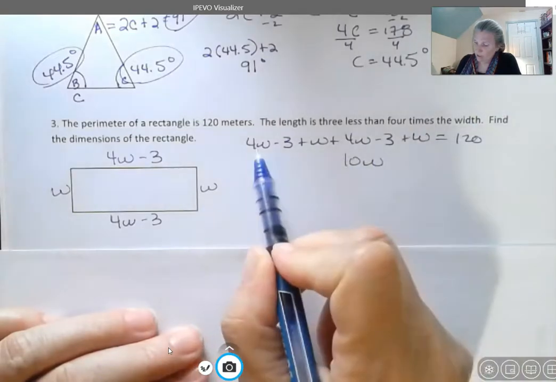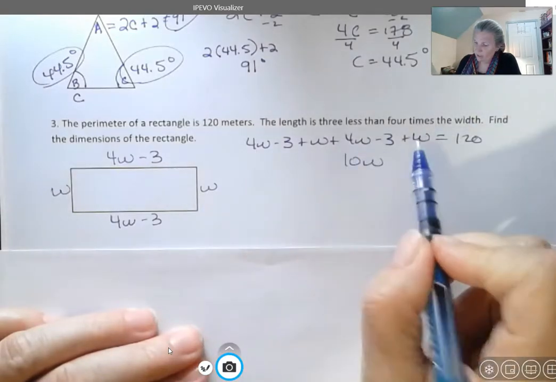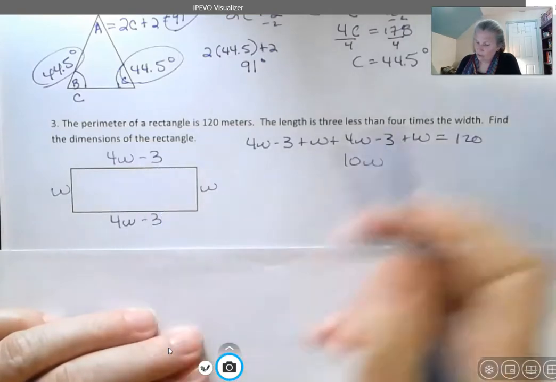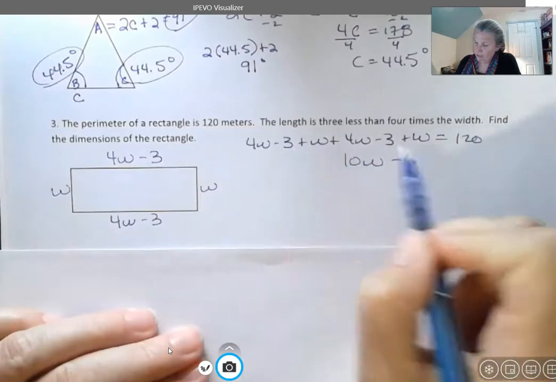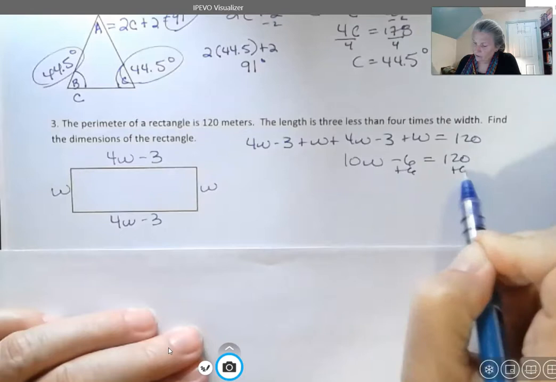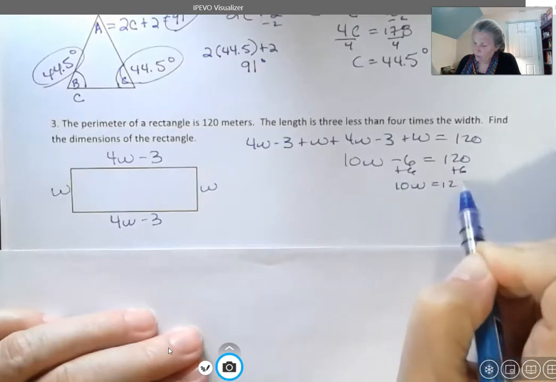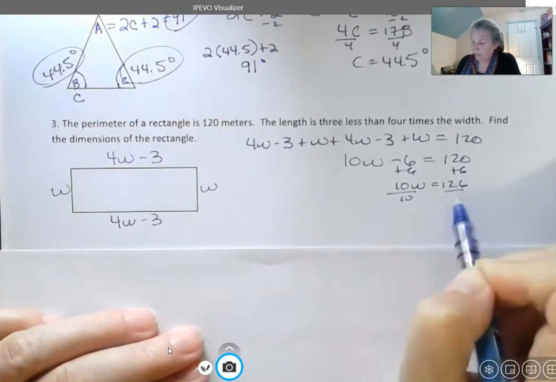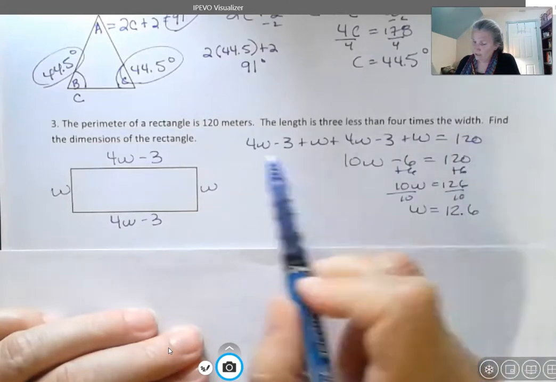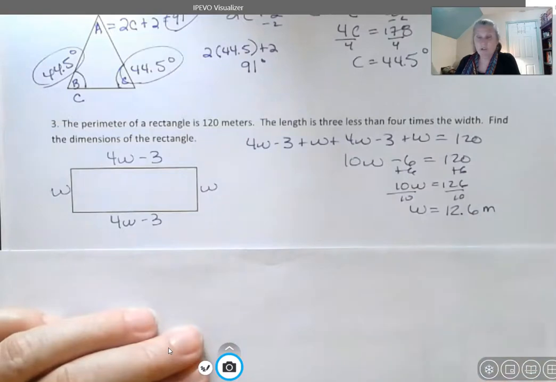Or I could add it up here, 4, 5, 9, 10. Either way, either from the picture or write it out if you want to. Minus 3 and minus 3 is minus 6. And so then you have 120. And then I can add 6 to both sides, and I have 10w is 126. And dividing both sides by 10, I get the width is 12.6, and this is meters because we're talking about meters.